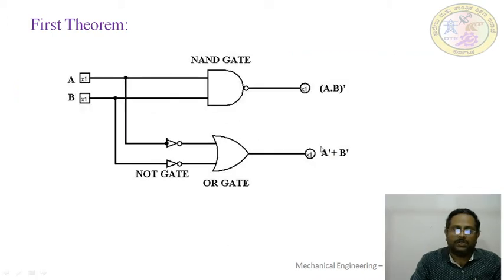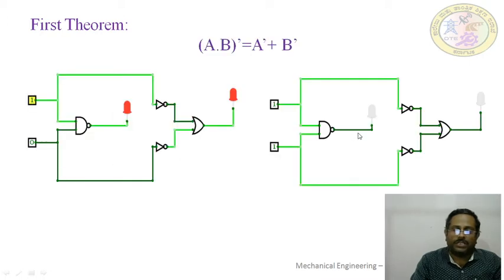I already told you the NAND gate can be constructed in two ways. This is the other way of constructing the NAND gate. Here also you see the LHS NAND gate should be equal to the negative OR gate or bubbled input OR gate. The output at this end and this end should be the same for a given input of A and B. These two circuits represent the simulated outputs of the first theorem.